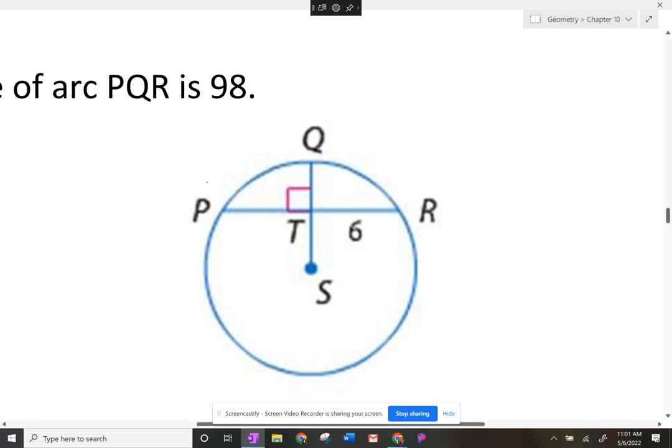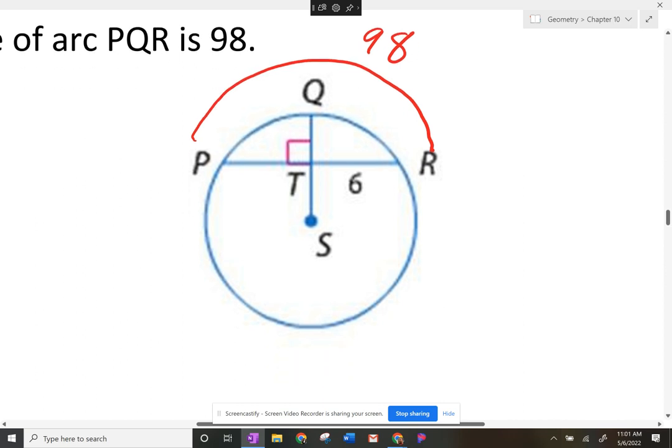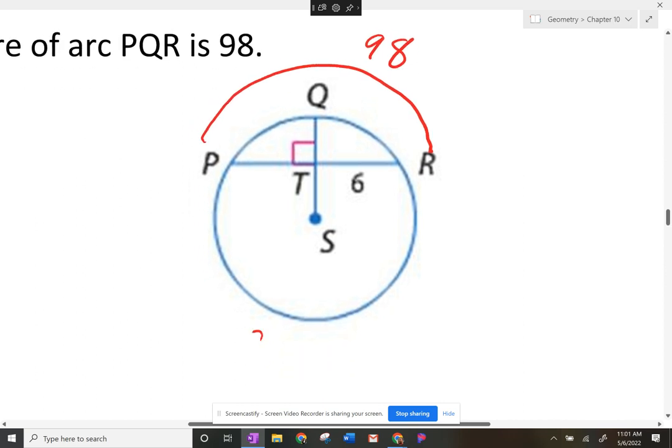All right, so this picture says from P to R, PQR, this arc, that whole entire thing is 98. So if I wanted to find out the length of QR, what would I do? Divided by 2. So QR is 49 because all you did was 98 divided by 2.